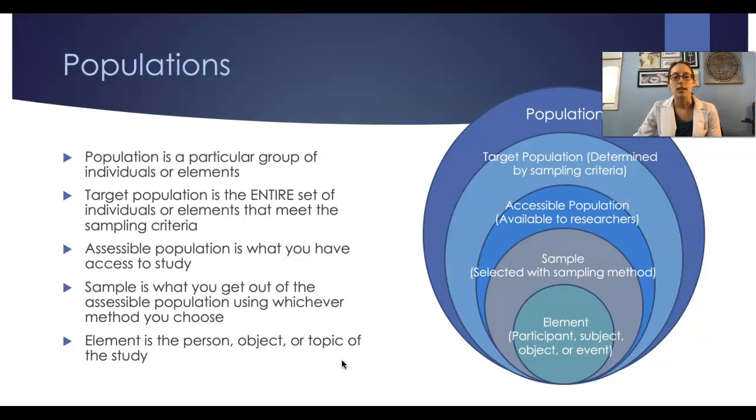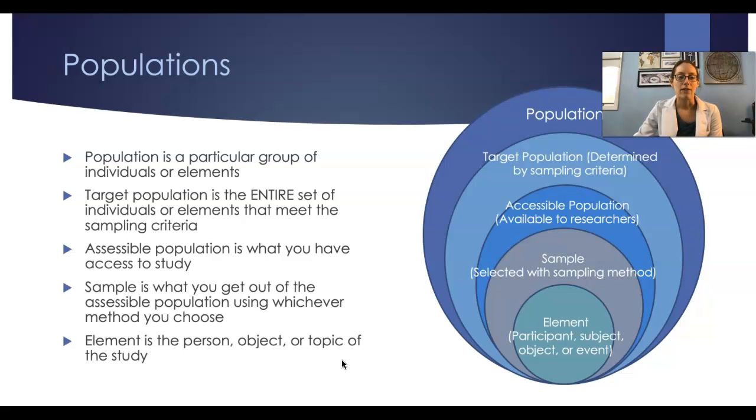Target population is the entire set that meets that sampling criteria. So if we're studying the entire population of the United States or Illinois, that includes every single citizen in that country or that state. Accessible population is what you have access to study. If you want to study the entire population of the U.S., it's really difficult to do. We don't even get a 100% compliance rate on our census taking.